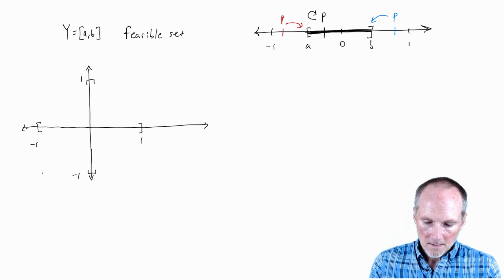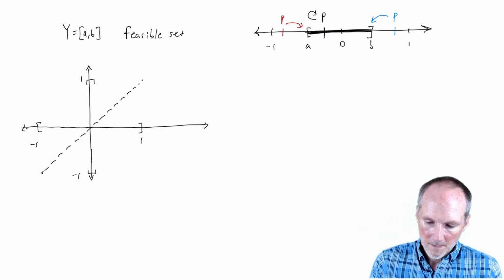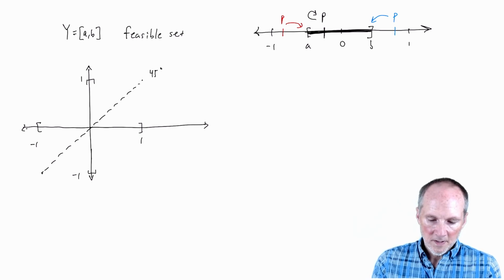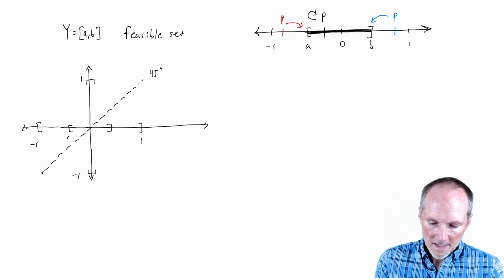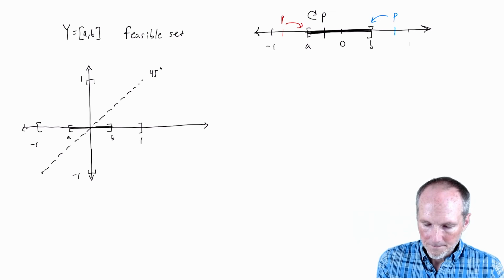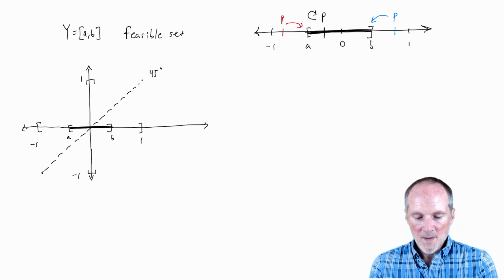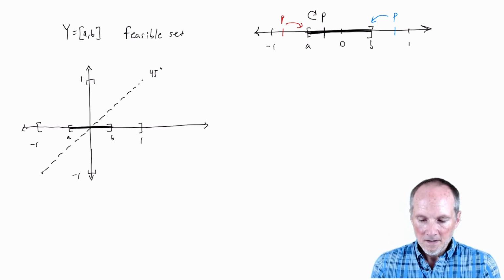And let me put in this 45-degree line here. And finally, I'll put in our feasible set. This is A and B. All right, so I'll use blue for the optimal policy choice function.